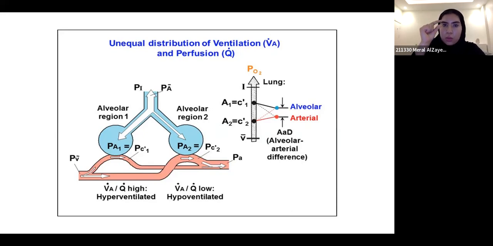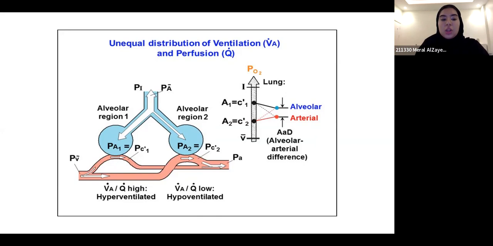Do you guys remember when I talked about the diffusion limitation and I explained the alveolar-end capillary partial pressure of oxygen difference? Yeah, okay. We said that the partial pressure of the artery has to reach the partial pressure of the alveoli, obviously, for there not to be hypoxia. Do you guys remember that?